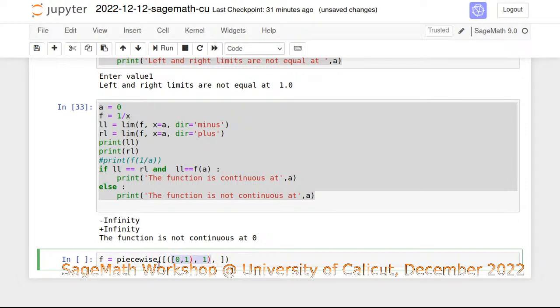Within, we will define 1 2 as 2. Suppose we define like this, and let us see. Okay, some bracket mismatching is still there.